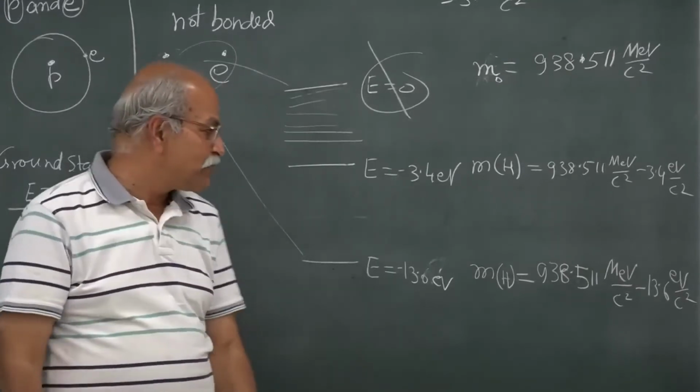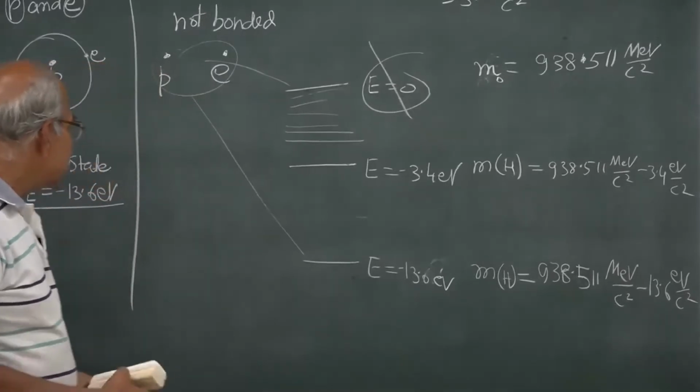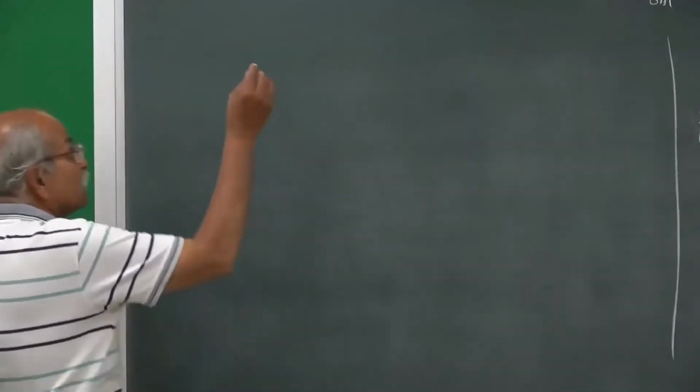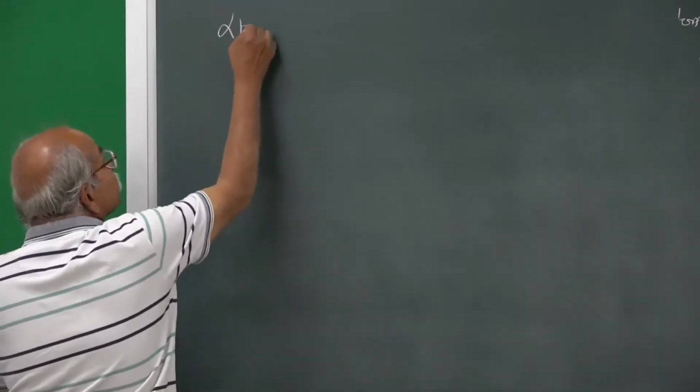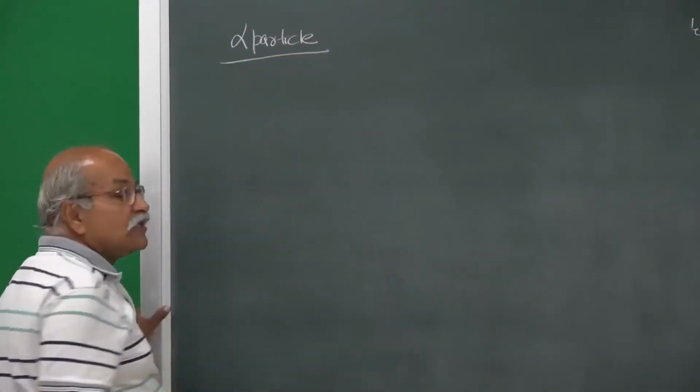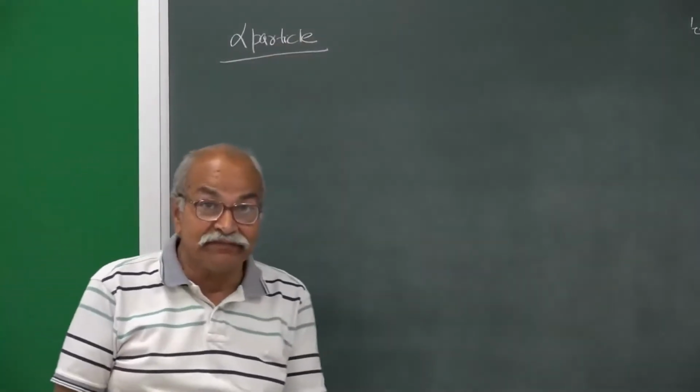I take another example. Let us say helium, the alpha particle. What is an alpha particle? An alpha particle is the nucleus of a helium atom.